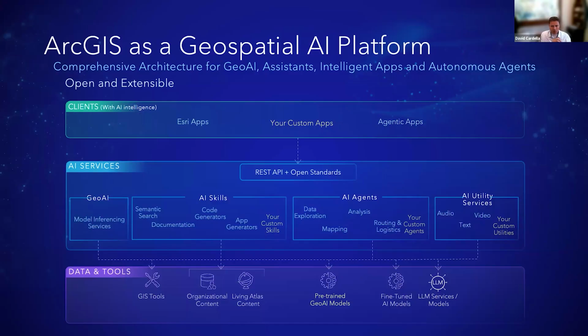In the AI services tier, there are various AI skills or custom actions, as well as AI agents. And finally, the upper tier includes apps that are included with Esri, apps that you build, as well as apps that are agentic in nature, whether it's your custom apps or apps that users can use directly from ArcGIS.